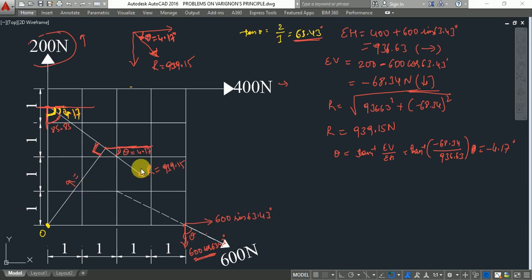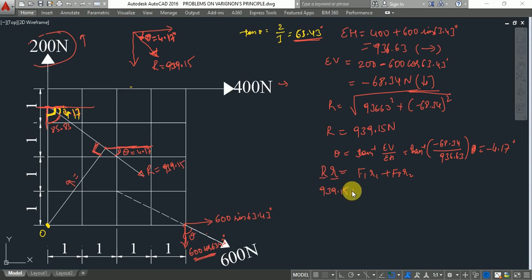So what Varignon's principle says is the moment produced by this resultant about a chosen point is equal to the moment produced by all the forces about this point O. So R into R, that is the moment produced by resultant about a chosen point, is equal to the moment produced by all other forces about that point. So see here, what is our resultant?